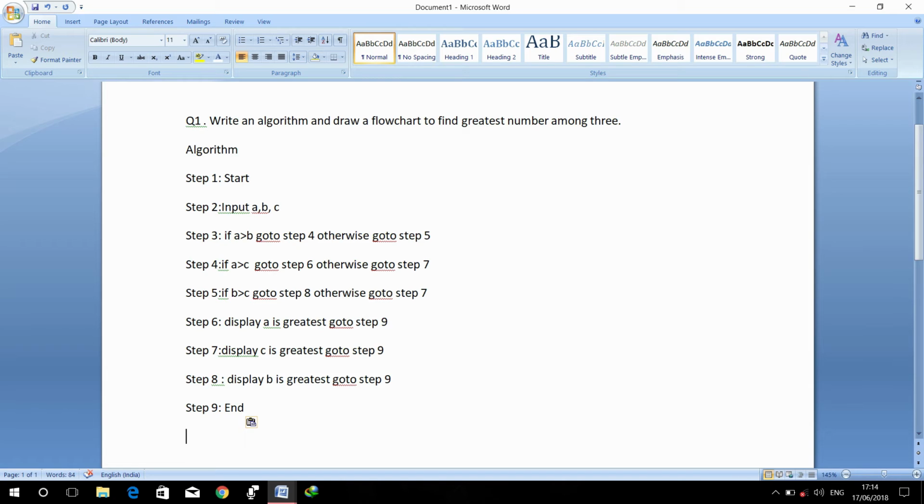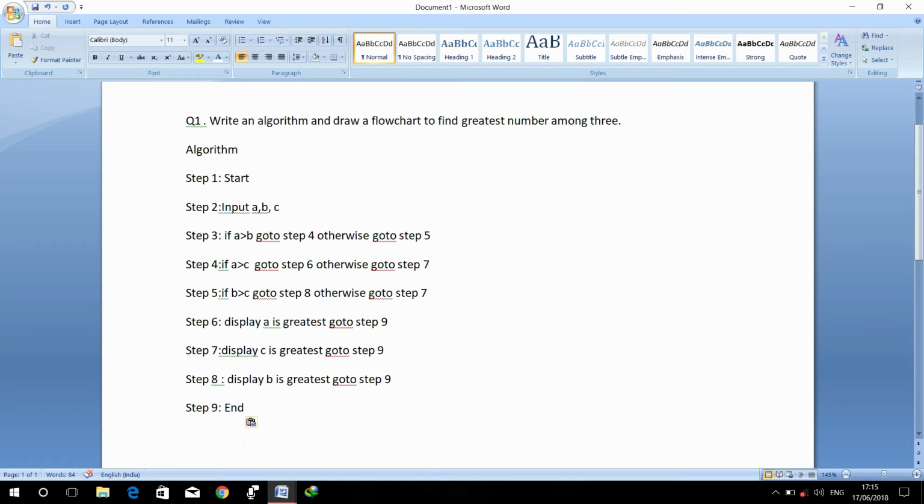If this condition is also true, then it goes to step number 6. What is step number 6? Step number 6 is to display A is greatest. Suppose A is greater than B and A is also greater than C, then obviously A is the greatest among all three. So it displays A is greatest and goes to step number 9, which is the end.